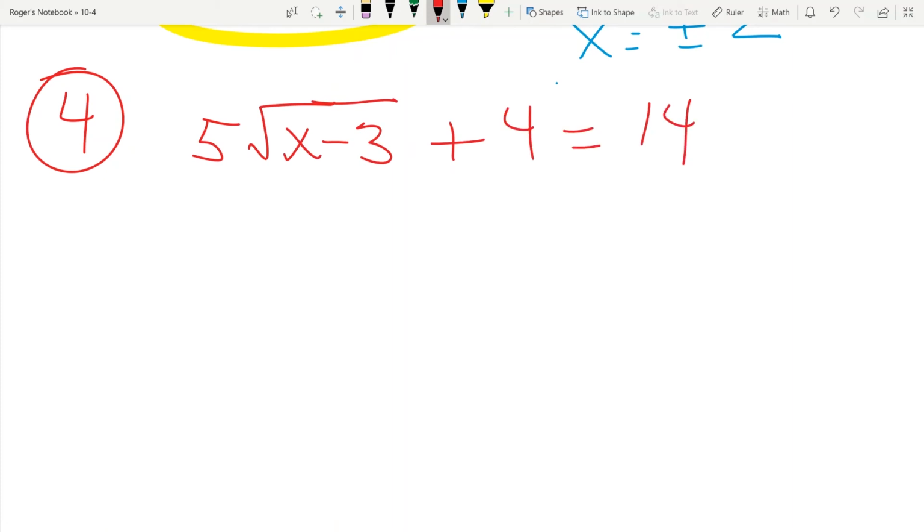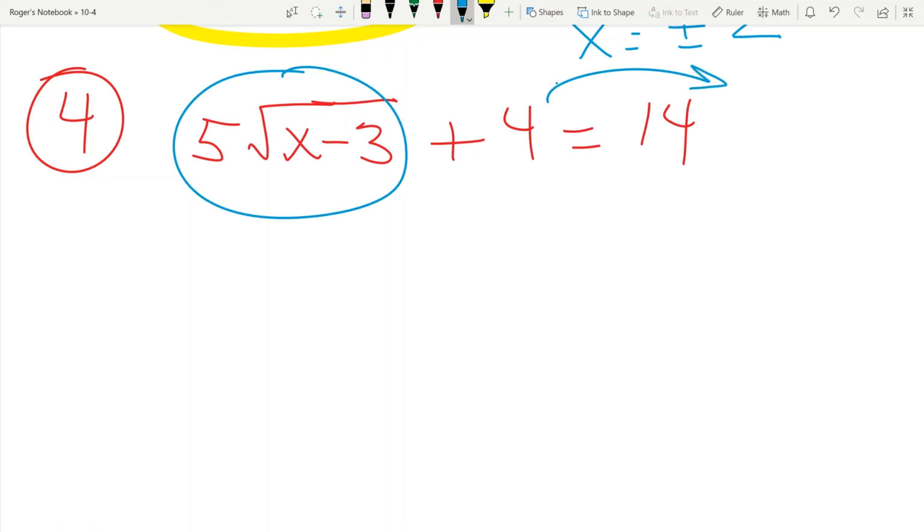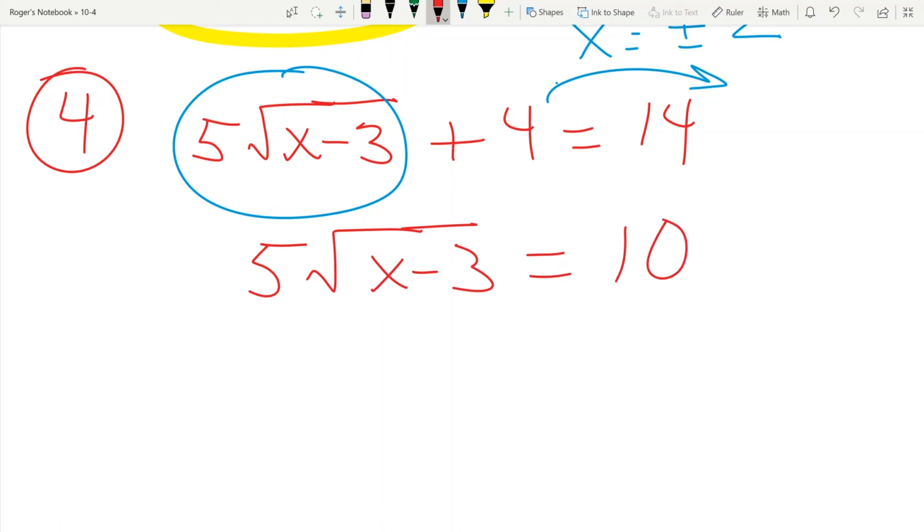Again, your initial job is to isolate this term, take the 4 over there. So we have 5 times the square root of x minus 3 is equal to 14 minus 4, or 10.